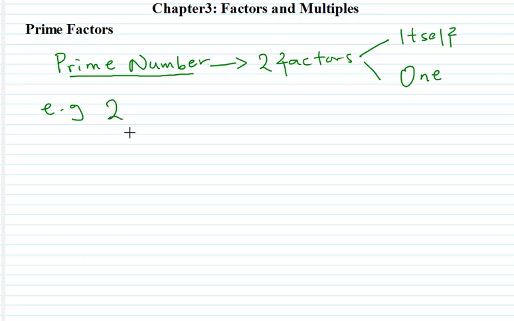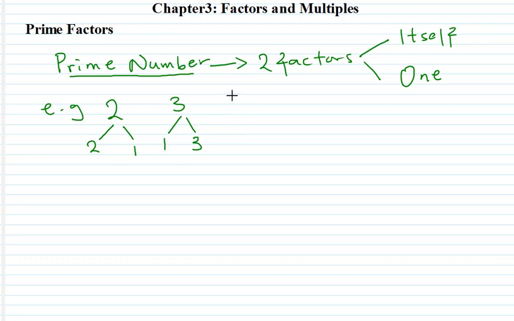Examples include 2. How many factors does 2 have? 2 factors. It has two numbers that can go into 2, which is 2 itself and 1. Another example would be 3, which has a factor of 1 and also a factor of 3, which is itself.